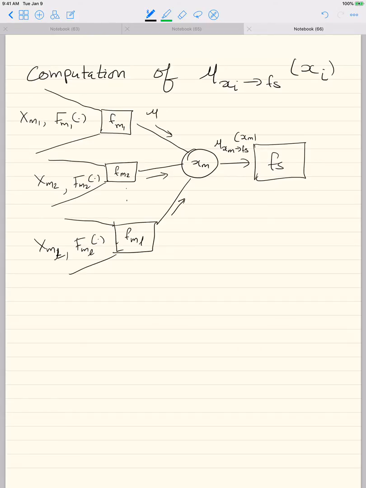So we will have mu of fm1 to xm, mu of fm2 to xm, all the way up to mu of fmL to xm.